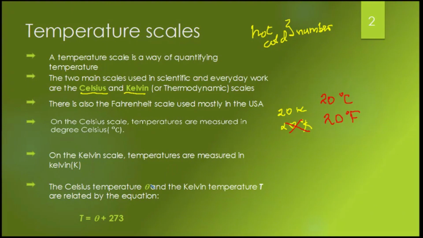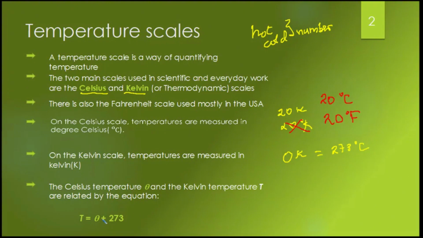The Celsius temperature theta and the Kelvin temperature T are related by the equation T equals theta plus 273. This simply means that 0 Kelvin is the same as negative 273 degrees Celsius.